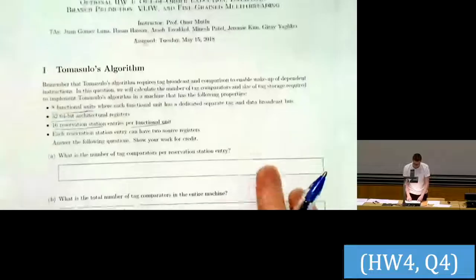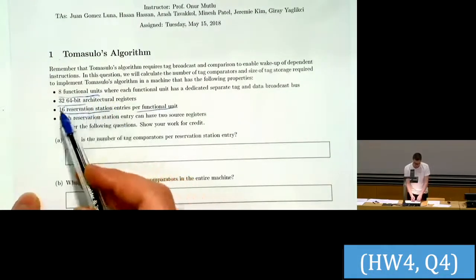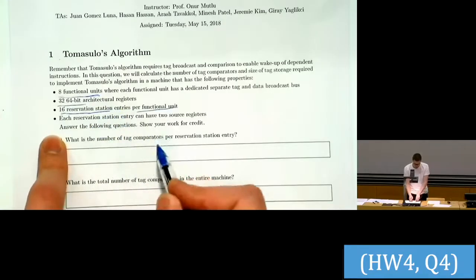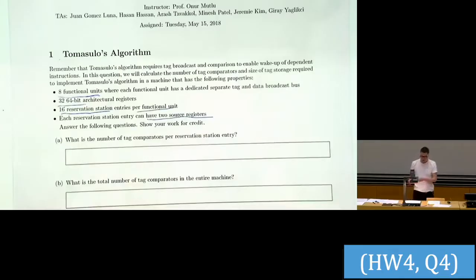So this is what the question told us so far. Also, there are 32 registers, 30 architectural registers, and importantly, each entry in the reservation station can hold up to 2 source registers.